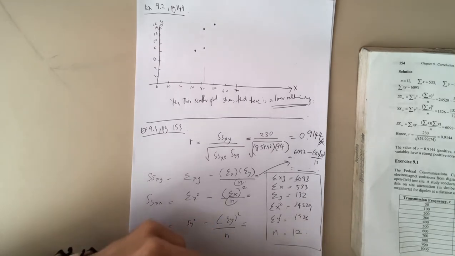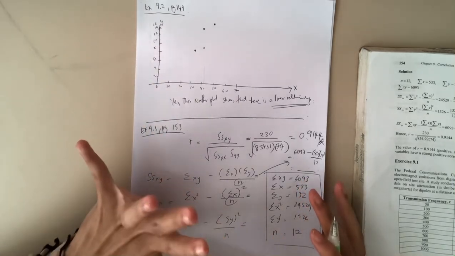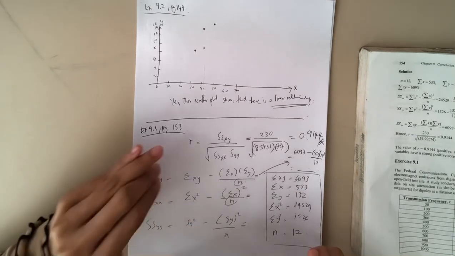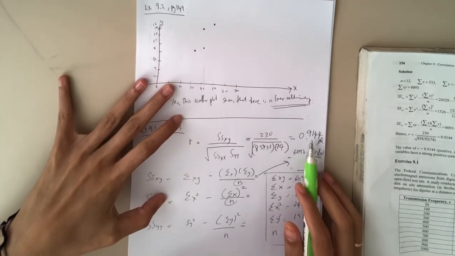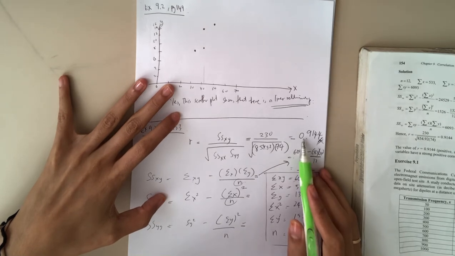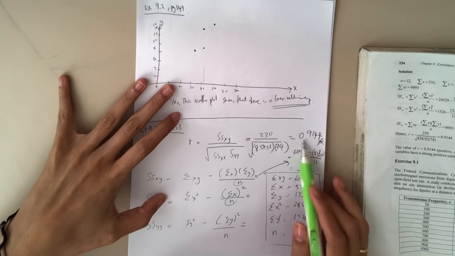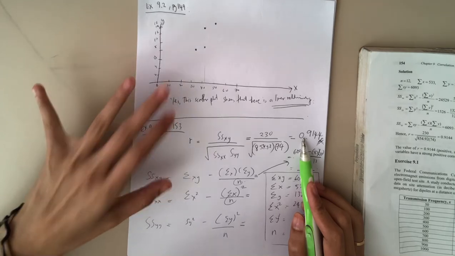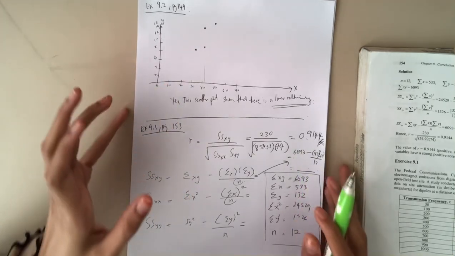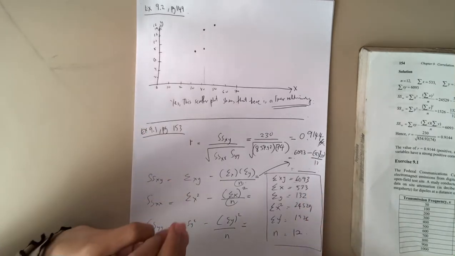So the interpretation that you can make for this question is that the value of R is equal to 0.9144, which is positive and is close to 1. Of course it's positive, 0.9144, and it's close to 1. Therefore, you can indicate that the two variables have a strong positive correlation.